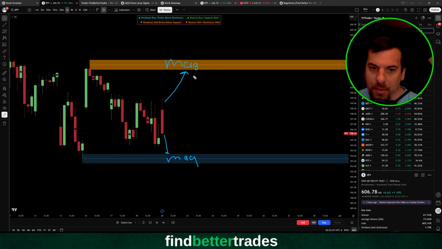However, there are a lot of things that can happen in these zones, and that's why it's important to have some type of trigger criteria. In this indicator, we have it baked in, where you will find if it meets all of the criteria. There's a lot of different code in here.